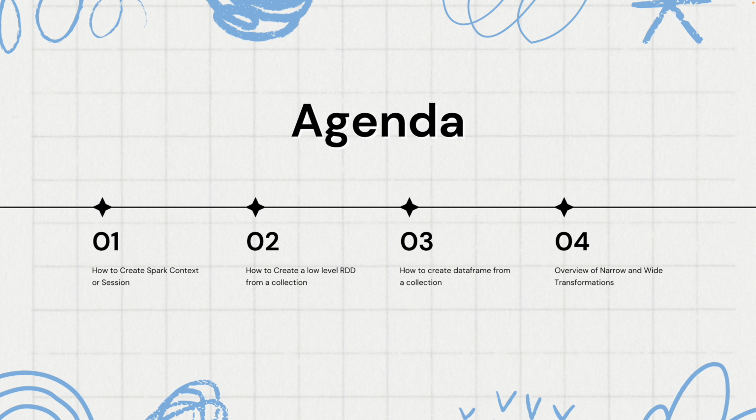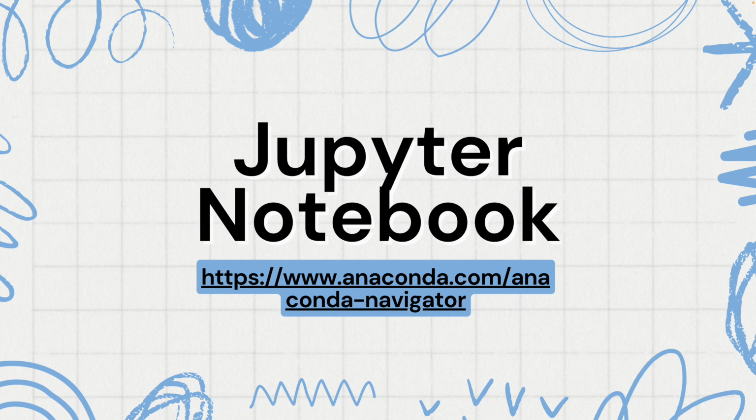For today's video, I'm going to use Jupyter Notebook, which I have installed using Anaconda Navigator. That's a prerequisite. If you already are using Spark binary, then you can use that as well, in whatever way you feel comfortable. I might create a video on the Spark setup.